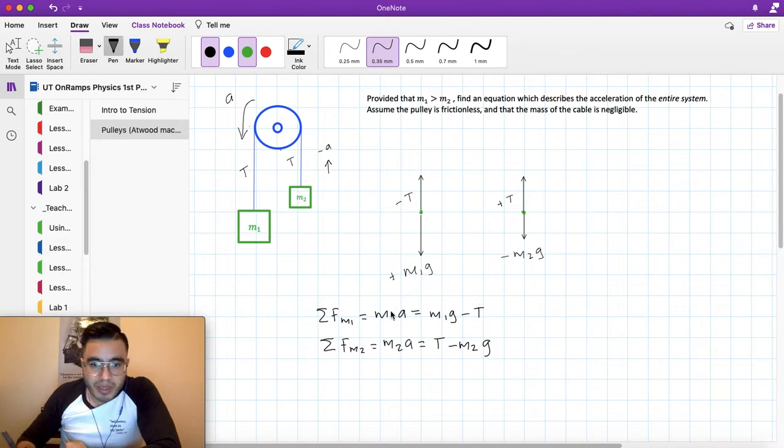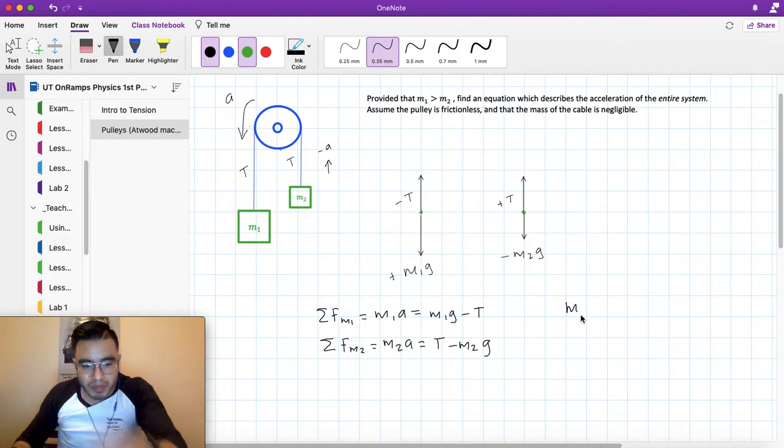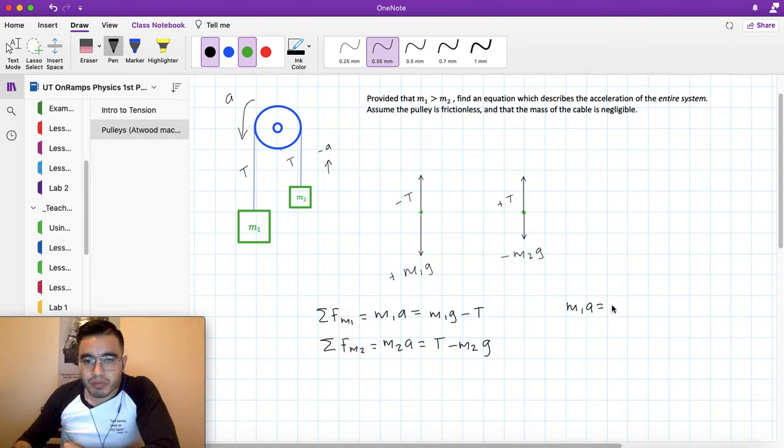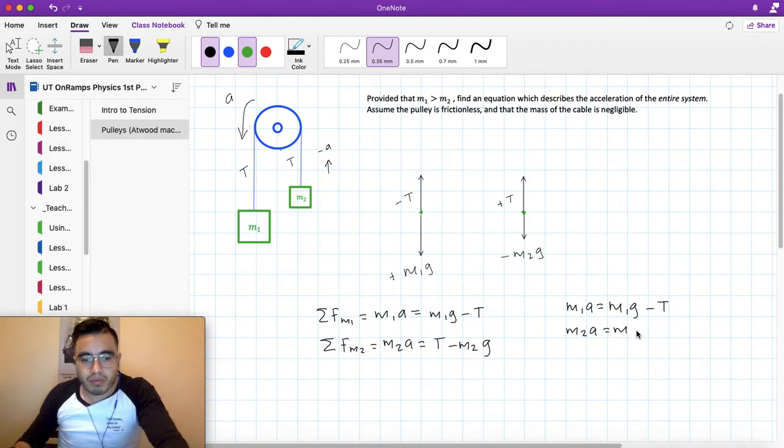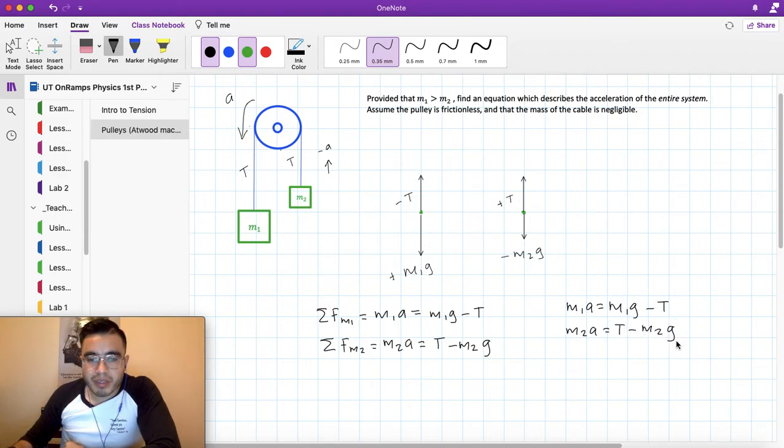As usual, we're going to take this part and rewrite it over here. So we have m1 times acceleration is equal to m1g minus T for tension. Now we have m2 times acceleration is equal to tension minus m2 times acceleration due to gravity. One way we can solve this system of equations is by adding them together.